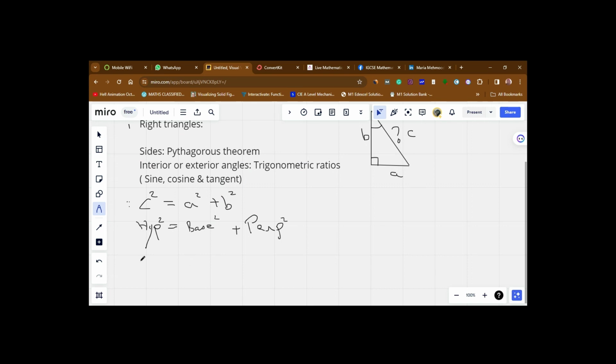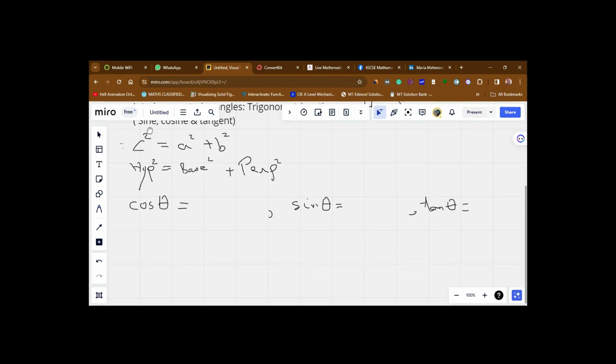And once we talk about your cosine ratio, sine ratio, and we talk about our tangent ratio, students often find difficulty in remembering the ratios formulas. So for that purpose, we just ask them to remember just one sentence. With the help of that, you can easily remember these ratios.